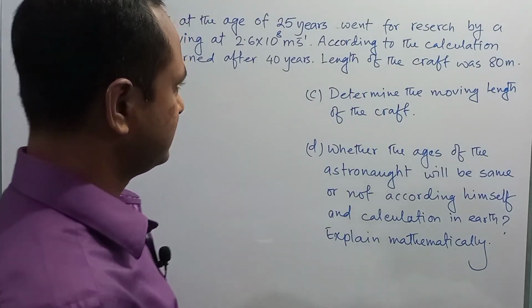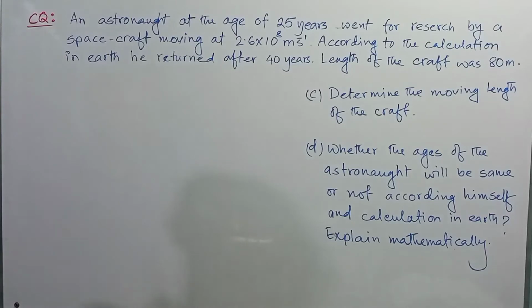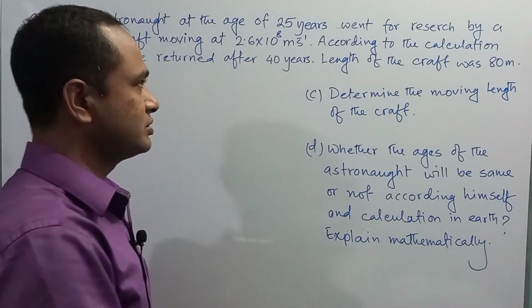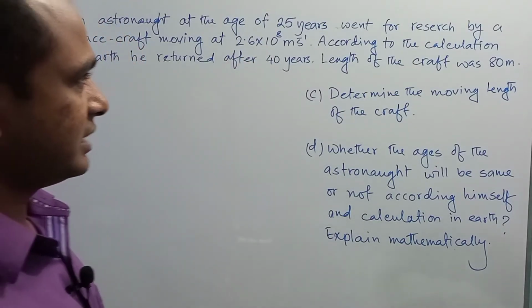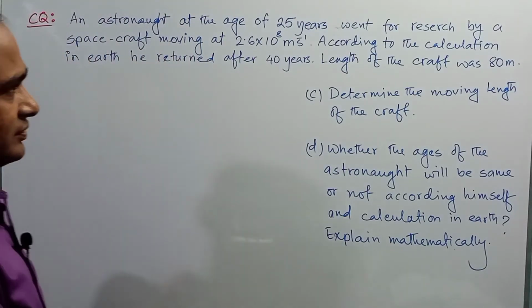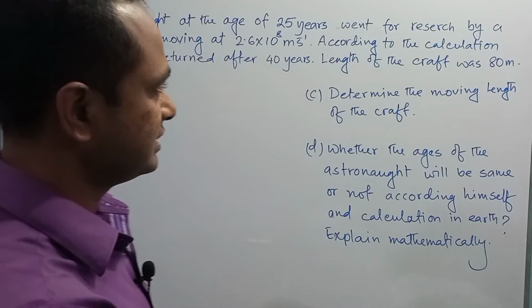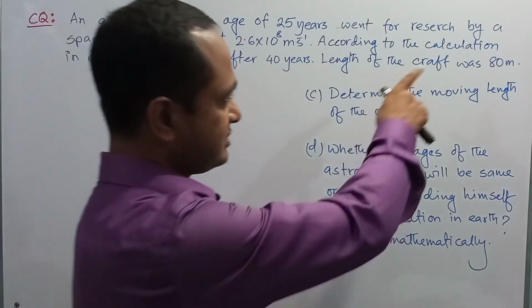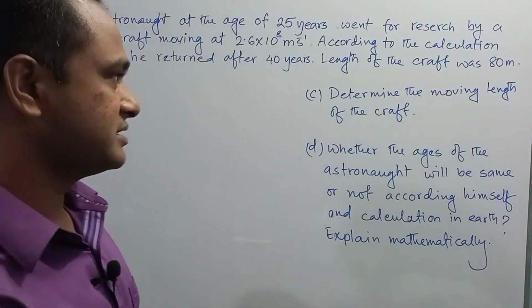According to the calculation on Earth, he returned after 40 years. The length of the craft was 80 meters, that is, the rest length of the craft was 80 meters.